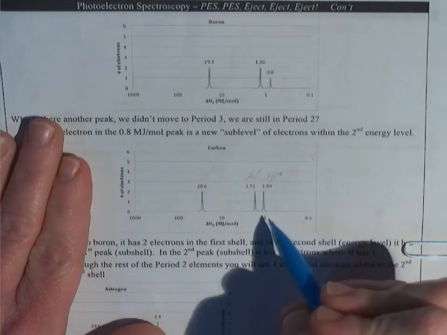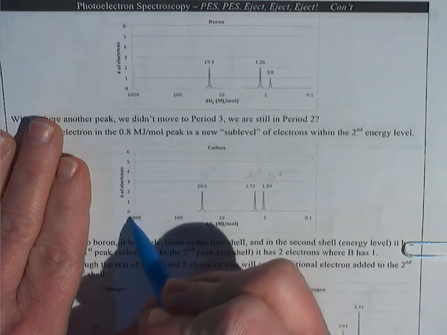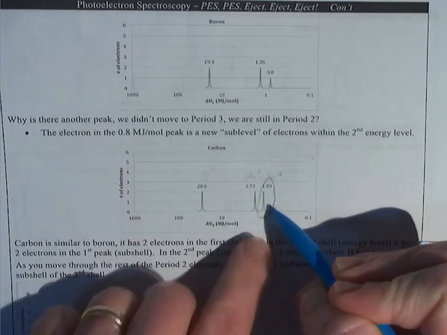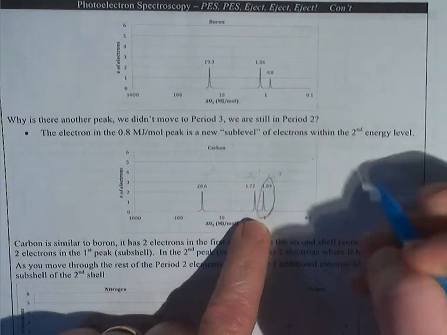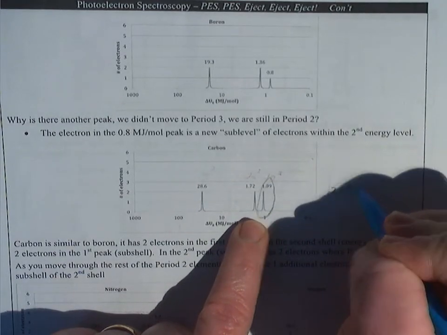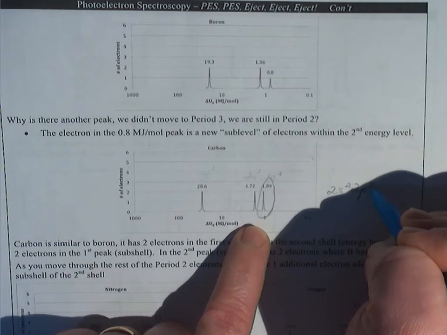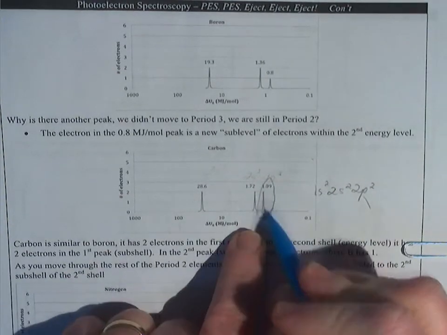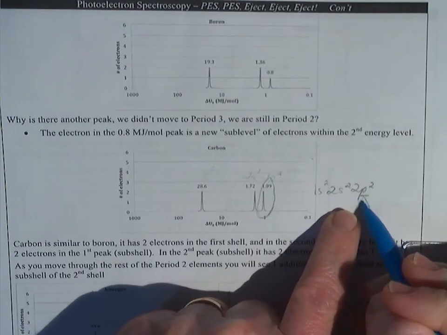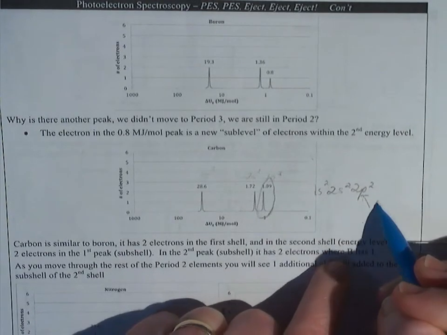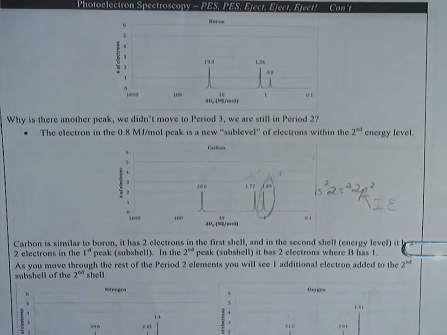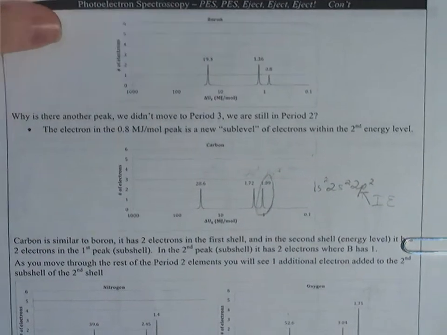Which we know we're going to remove from outside in. So this would be the peak that would represent the electrons that would be removed first, which would be from the 2p. And remember, the energy that would be required to eject those electrons, that's ionization energy, which we'll come back to in just a moment. So those are usually the kinds of questions.